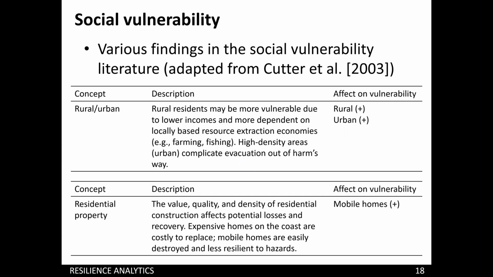Certain kinds of residential property might increase social vulnerability, particularly living in a mobile home. There are certain types of disasters that really impact mobile home living more than others. For example, here in Oklahoma with tornadoes, those can be especially harmful.